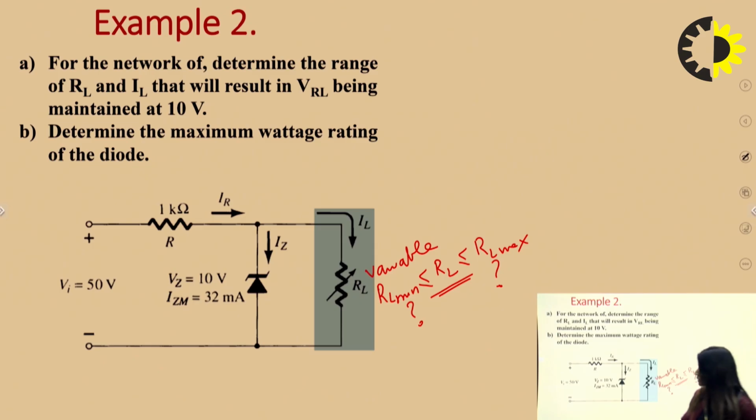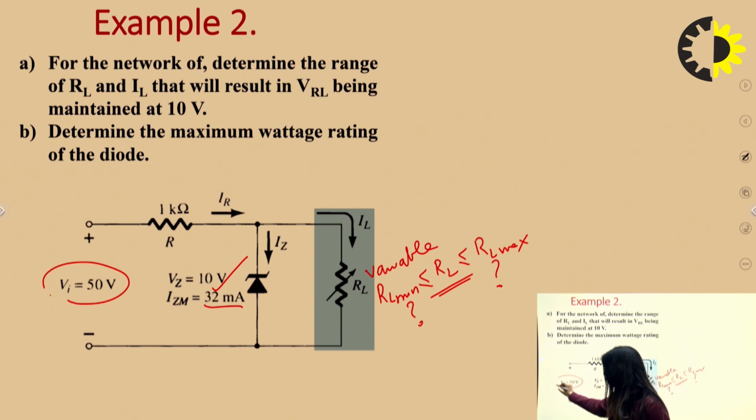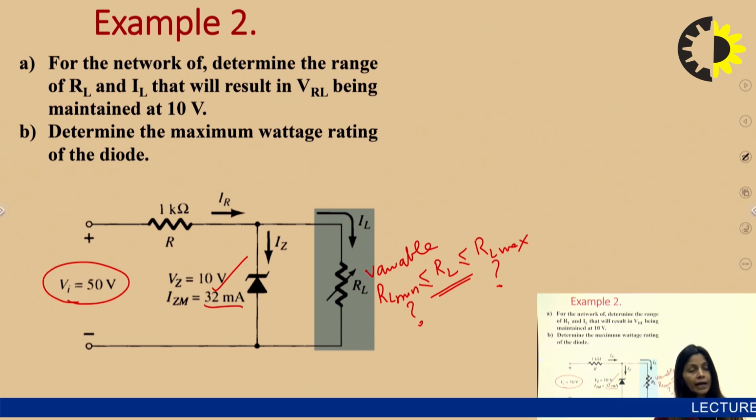The Zener voltage is given as 10 volts. The maximum Zener current in the circuit is given as 32 milliampere. Input voltage is fixed, which is 50 volts, and resistance R is fixed at 1000 ohms or 1 kilo ohm.